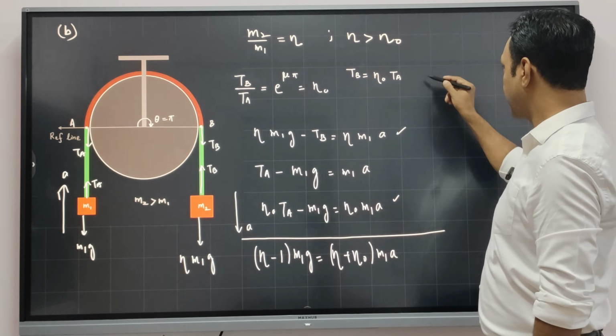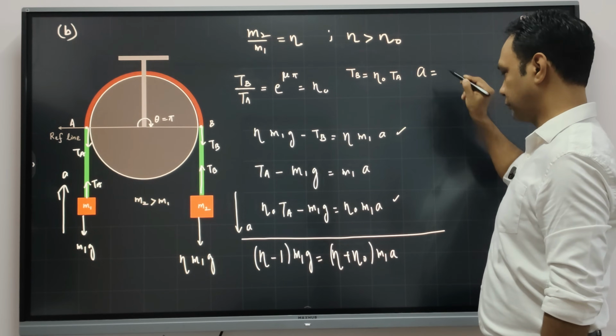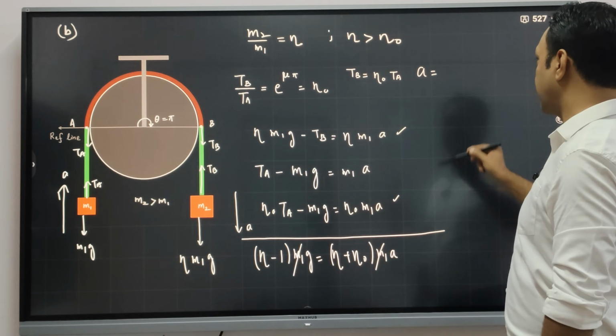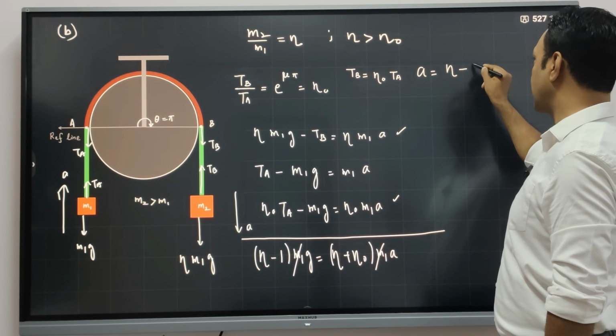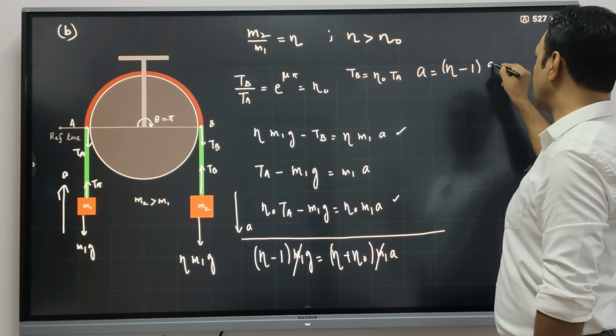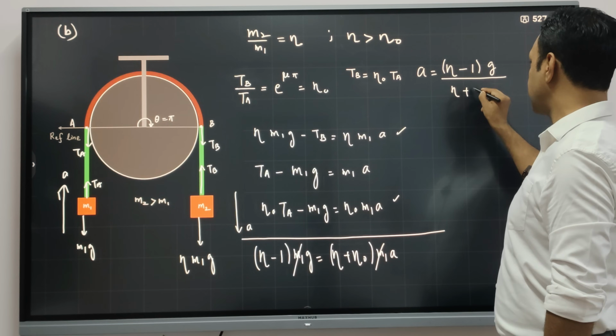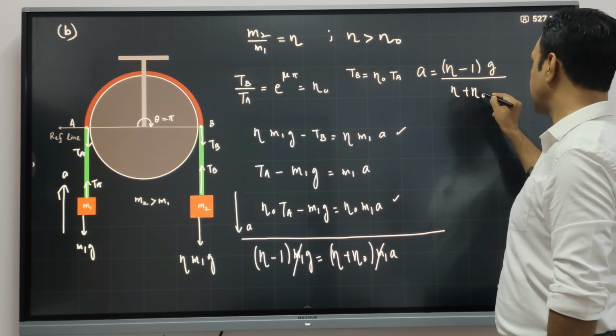So we will get a, with m1 and m1 cancelled, as a is equal to (eta minus eta naught) into g divided by (eta plus eta naught).